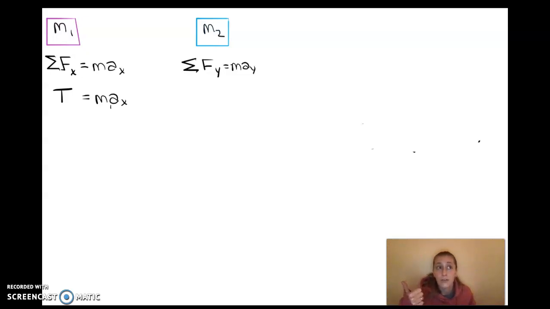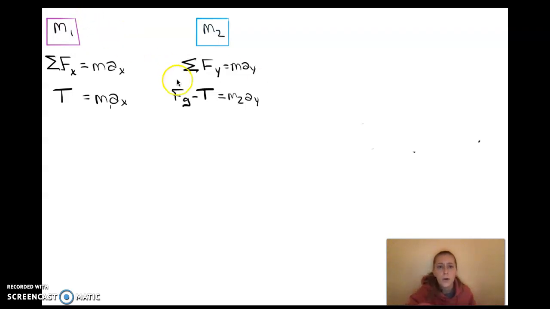We have the force of gravity acting downward and the tension of the string holding it upward. And those are opposite in direction. So when you add them together, you end up getting Fg, which is positive, plus tension, which is negative. Fg minus T is equal to the mass of this object, m2, times the acceleration in the y direction.